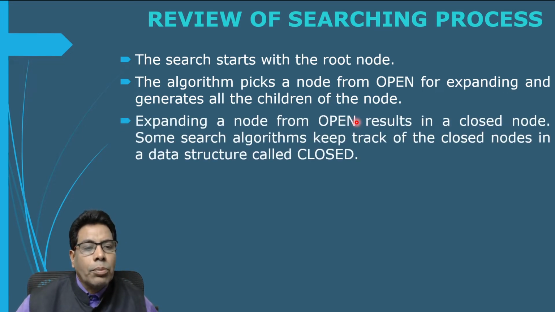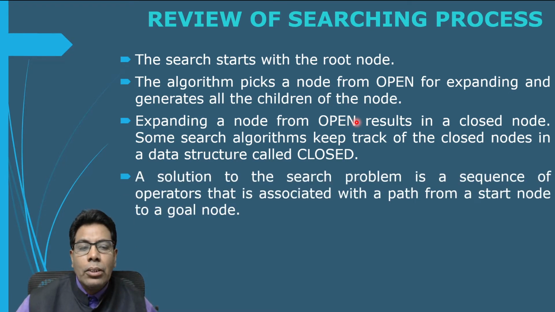Expanding a node from open results in a closed node, so after expansion the closed node is removed from the fringe.